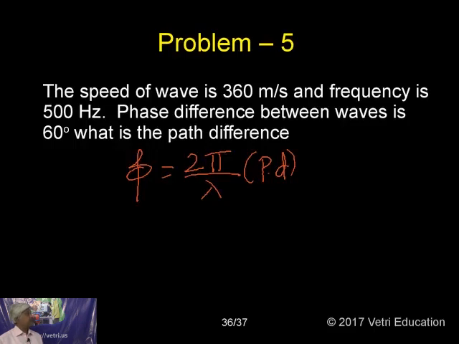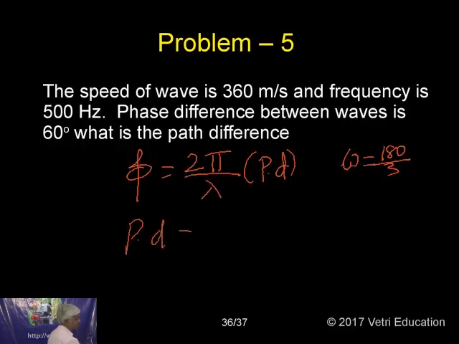So here 60 degree, that is a point to be noted. The phase difference between the waves is 60 degree. That should be converted into radian. Then only it is possible. Therefore, 60 degree is nothing but 180 by 3. Therefore, path difference is equal to phi into lambda by 2 pi.